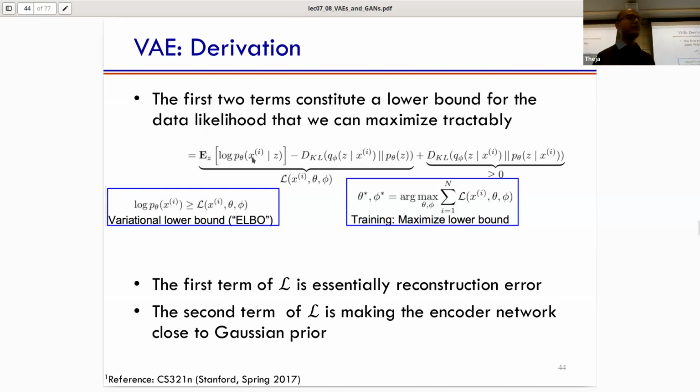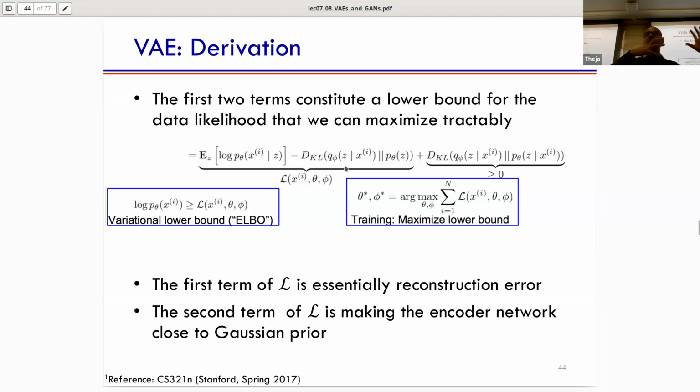In fact, the first term turns out to be reconstruction error. Although in this expression it doesn't look like that, it's actually just a reconstruction error. And the second term is exactly some sort of a latent loss in the Z space. It's the difference between our preference, which is the Gaussian distribution, and the distribution being generated through the encoder.